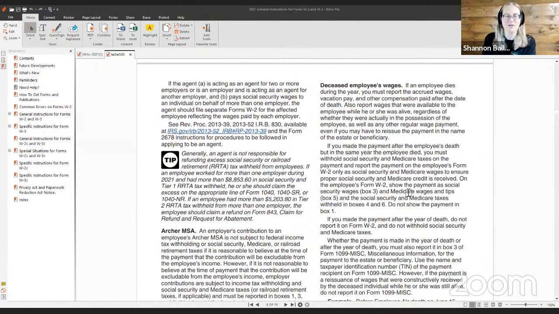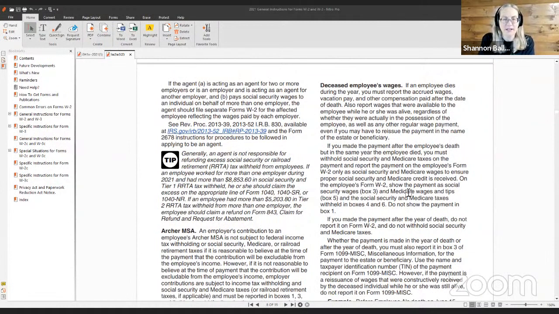See Rev. Proc. 2013-39, 2013-52 IRB 830, available at irs.gov. I'm not going to read the whole link. And see the Form 2678 instructions for procedures to be followed in applying to be an agent.